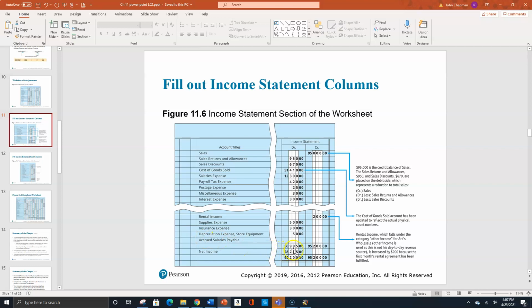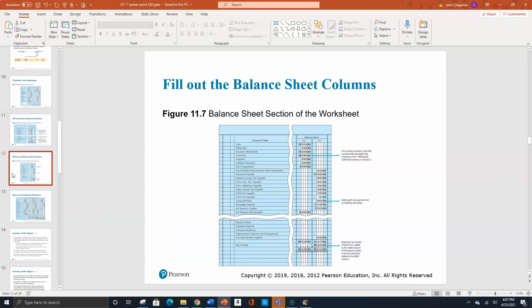Okay? They won't balance, but in order to get them to balance, your revenue minus your expenses should be your net income or net loss to get your balance sheet in balance. And you do the same thing. You move the assets, your liabilities, and your equity accounts over to the balance sheet section.